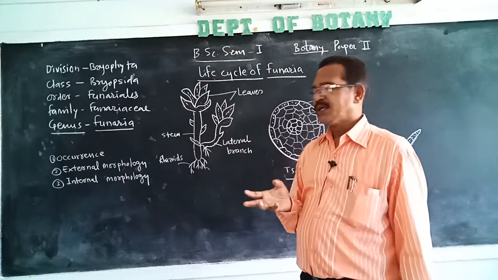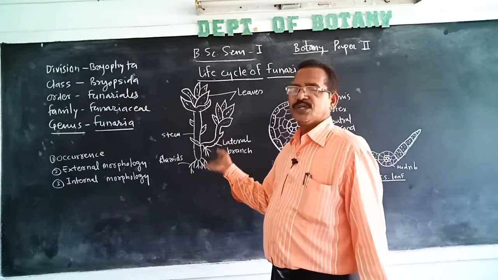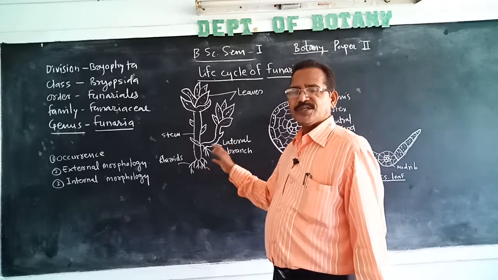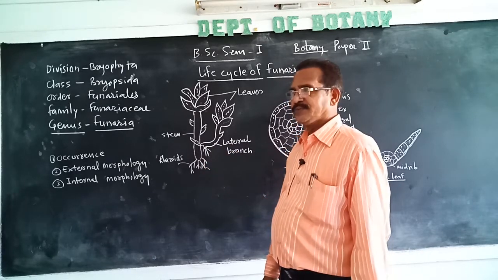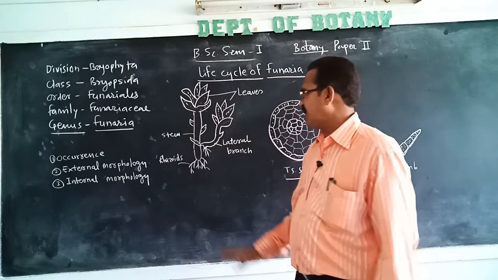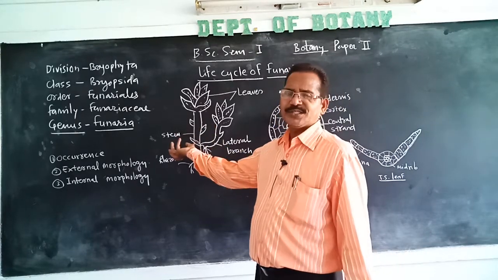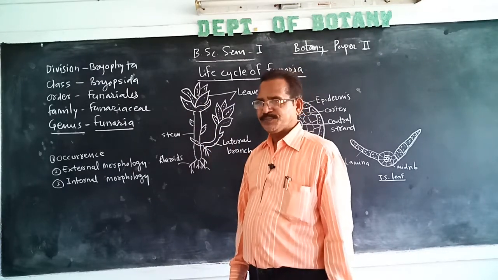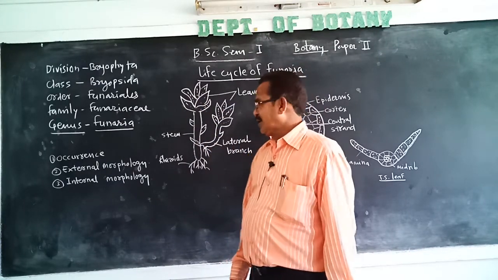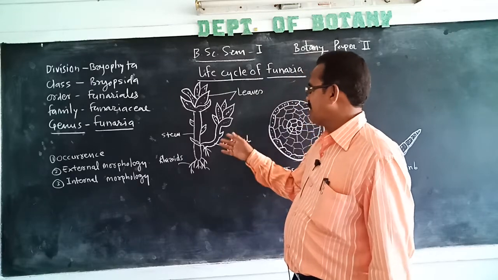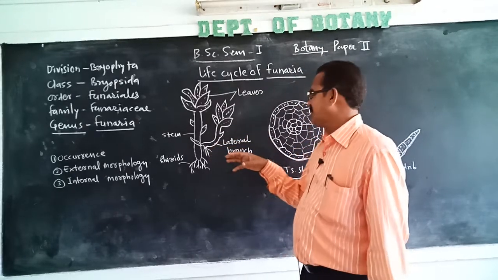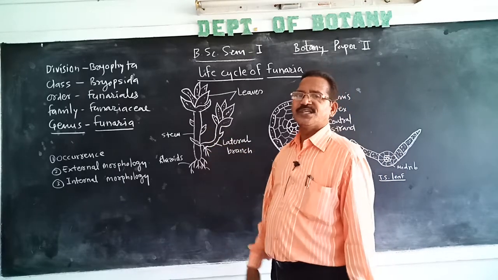Instead of roots, it is fixed to the substratum by means of rhizoids. The plant body consists of rhizoids, stem-like structures, and leaf-like appendages. The plant is also branched. Branching is extra-axillary in position.